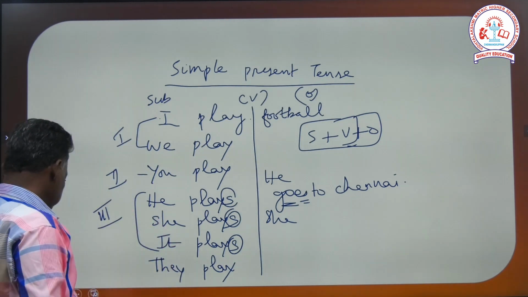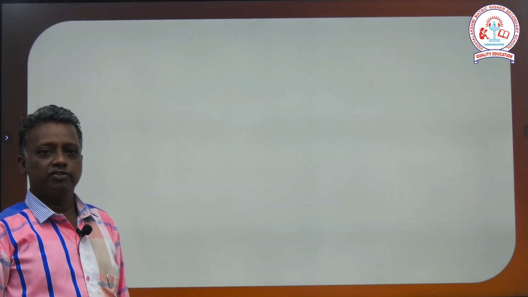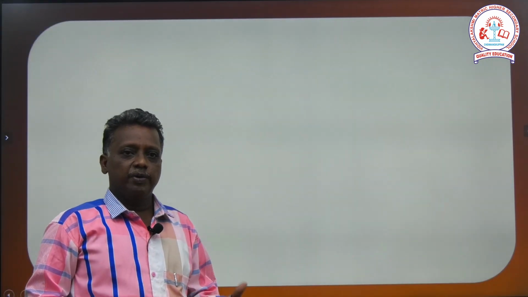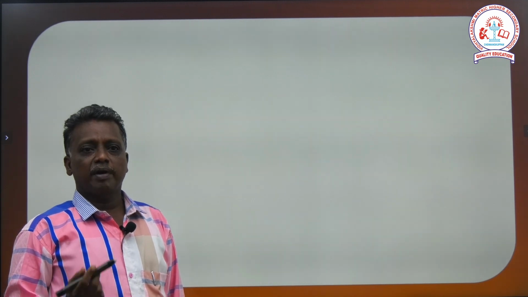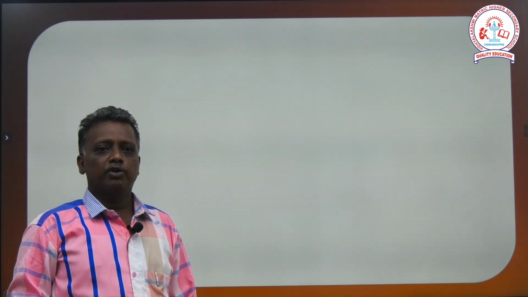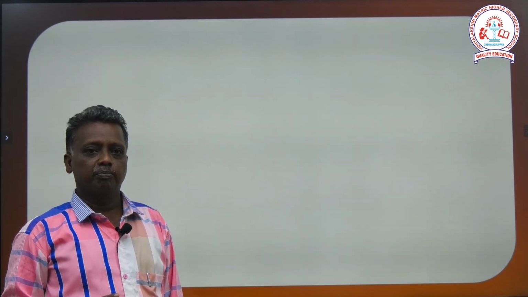Now let us see when we can use simple present tense: for speaking about a habitual action and general truth. What is the meaning of habitual action? Anything you are doing regularly, every day, that means we have to use simple present tense.